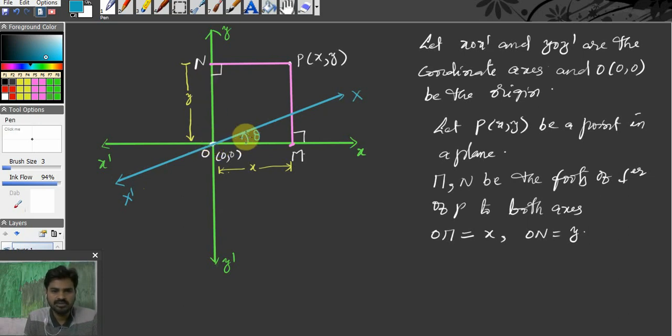In the same process we are going to rotate the y axis also in the anti-clockwise sense.